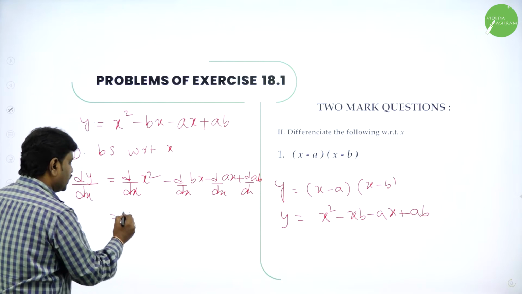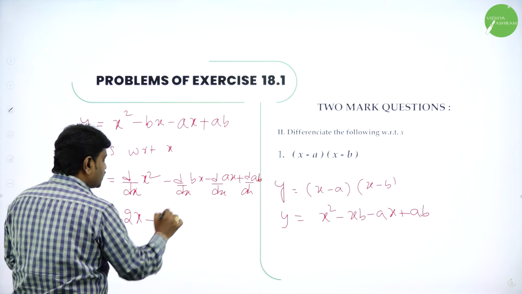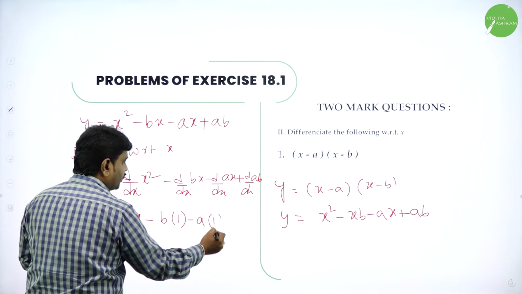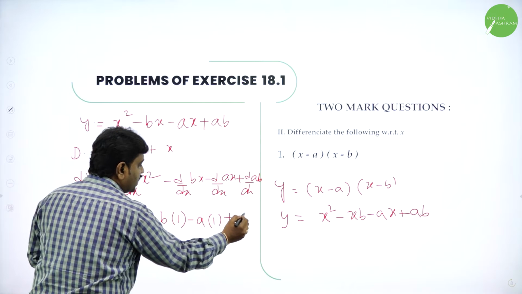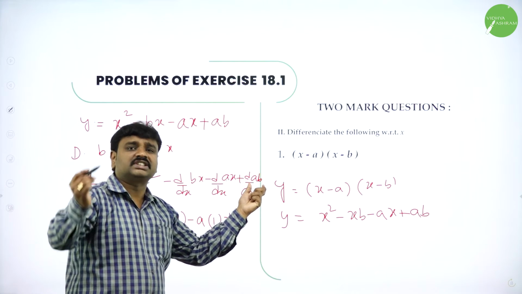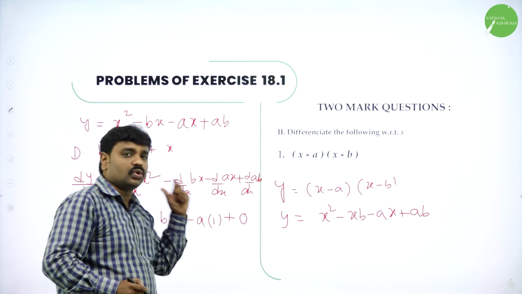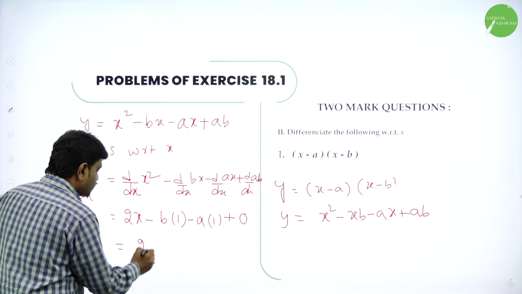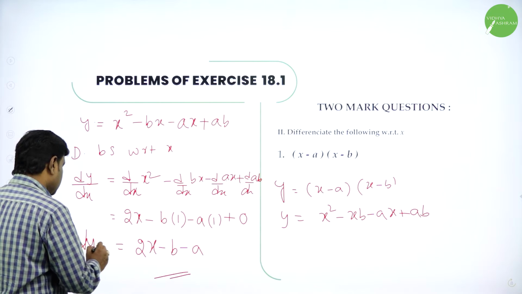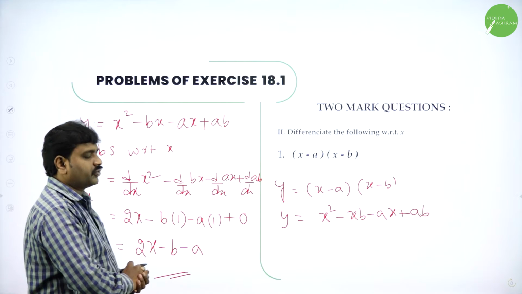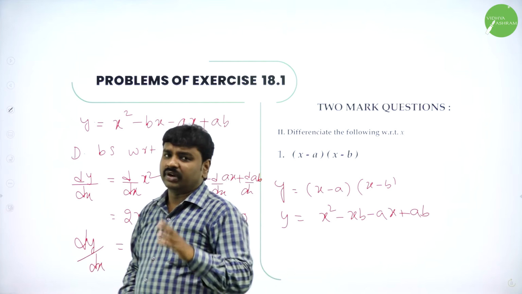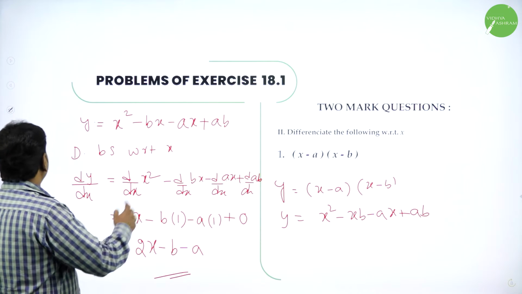So all of you know x square derivative is 2x, minus b is constant, take it out, derivative of x is 1, minus a is constant, take it out, d by dx of x is 1, plus a into b, a is constant, b is constant, constant into constant is constant and derivative of constant is 0. So that will become 2x minus b minus a. This is the value of what? dy by dx. I hope all of you understood this. Two methods I taught you. One you can do by product rule, one you can directly multiply, differentiate.